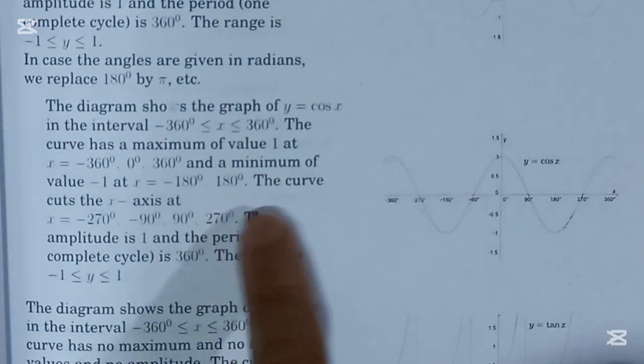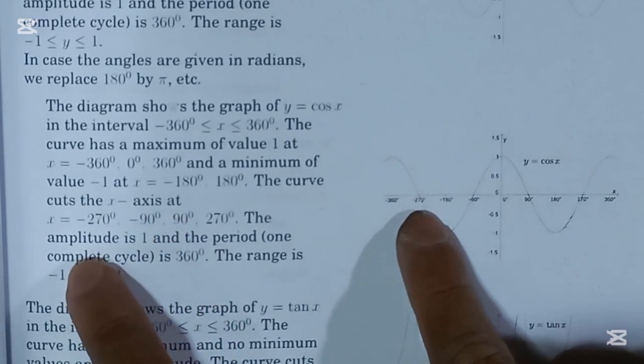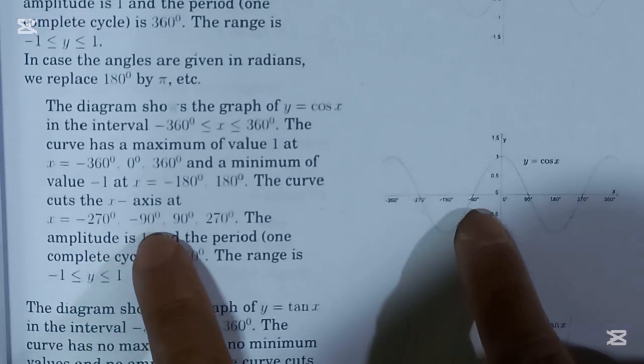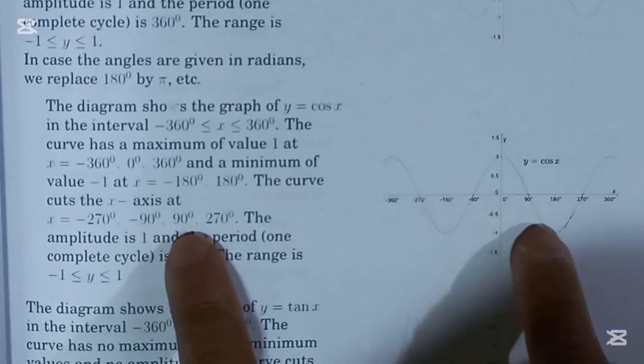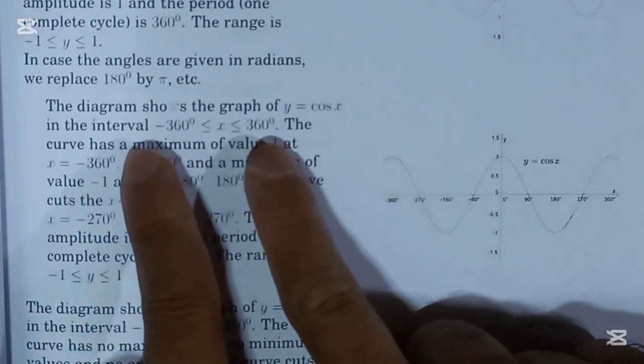The next thing is the curve cuts the x-axis at, so look now, the curve cuts the x-axis at -270, then -90 degree, then +90 degree, and finally 270 degree in this range.